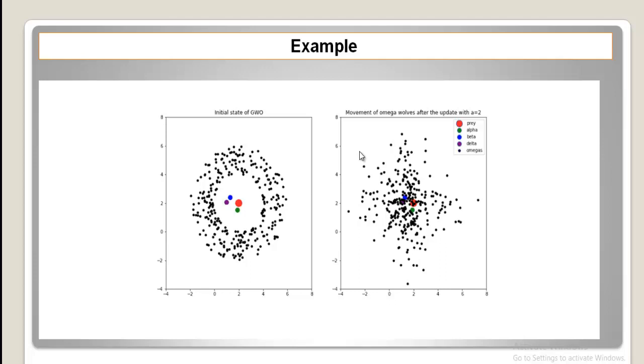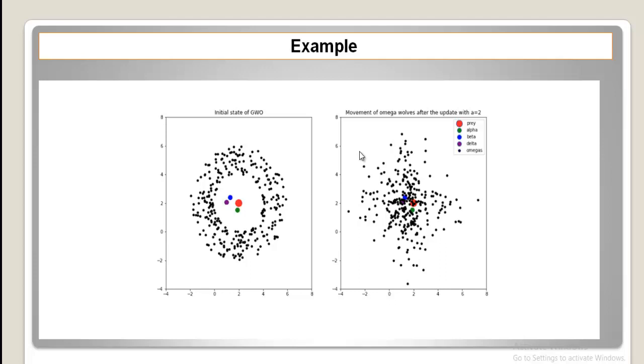Close to it are the best solutions, the most promising ones: the alpha with the green dot, the beta with the blue dot, and the delta with the purple dot. These are the leading values which direct the rest of the agents. All of the other candidate solutions, the omegas, are represented with the black dots.